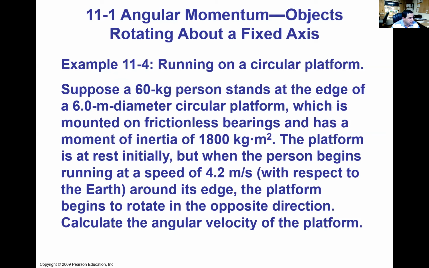The platform is initially at rest, but when the person begins running at a speed of 4.2 meters per second with respect to the Earth around its edge, the platform begins to rotate in the opposite direction. They want us to calculate the angular velocity of the platform. So I'm going to have to switch over here to whiteboard to solve the problem.